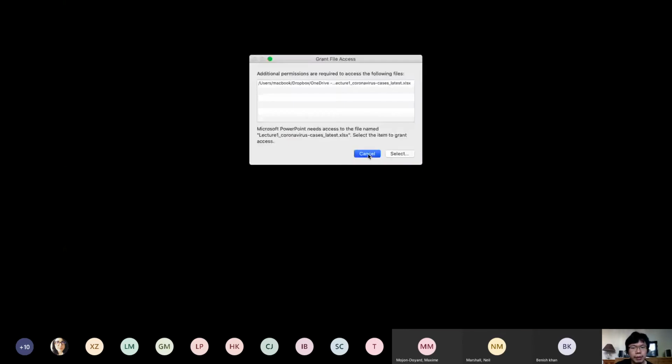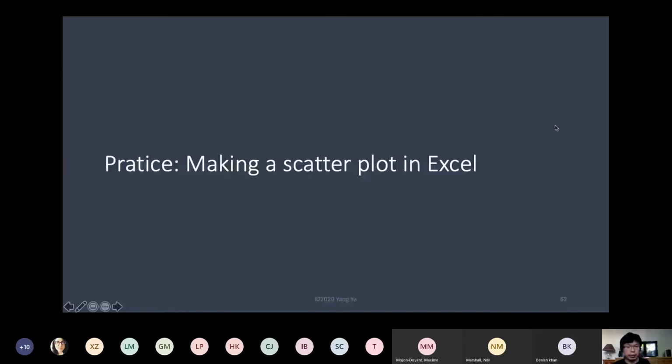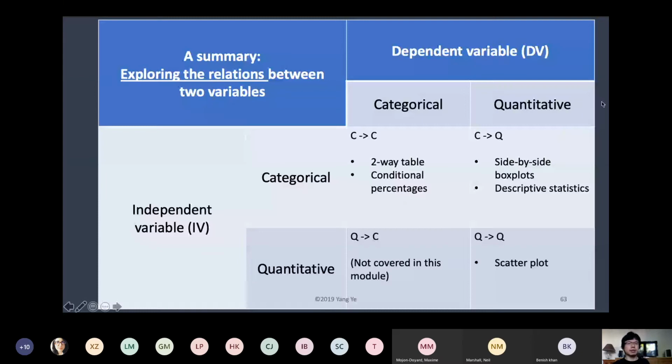We'll talk more about scatterplots in the next lecture, but this is a quick summary of how you do exploratory analysis after you get the data and before you do any statistical testing.